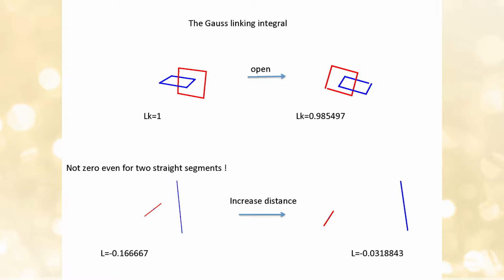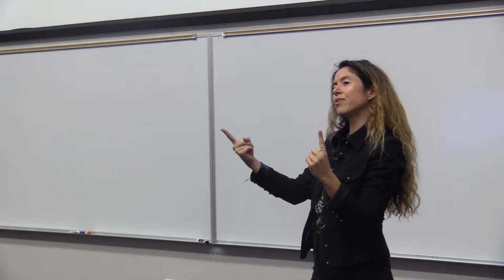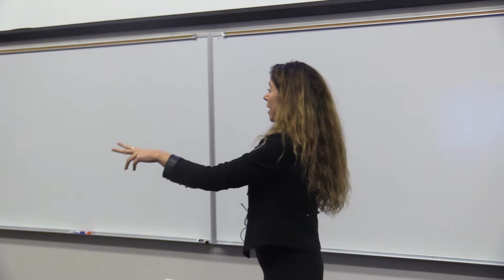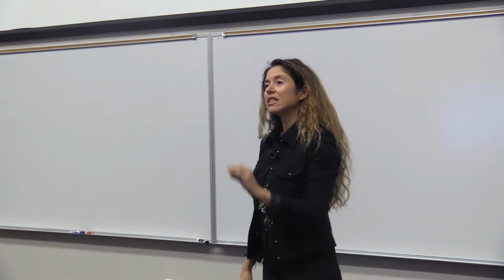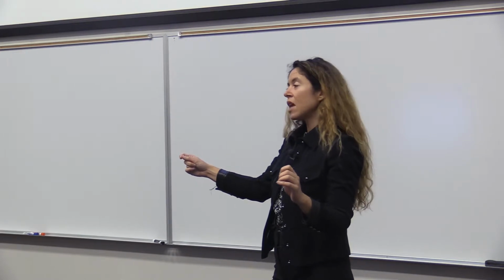Another interesting fact about the linking integral is that it is some sort of interaction of things, even if they are far apart, or edges, where it's not clear intuitively whether we would say they link or not. This number is non-zero, but it decreases as the distance between them increases.